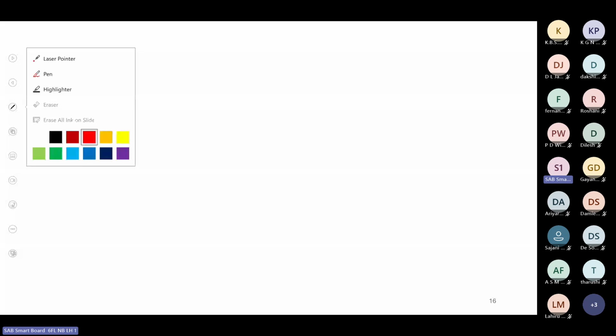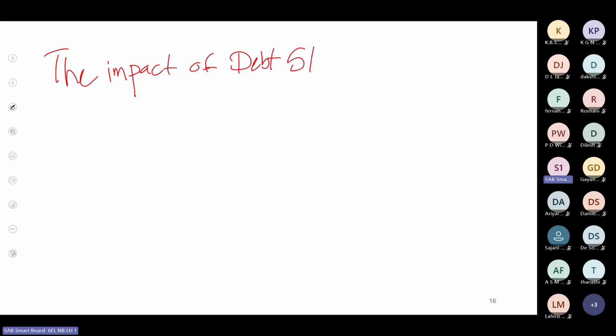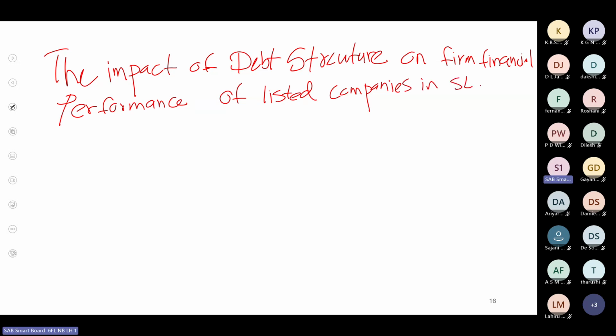Example. You write the research topic: the impact of debt structure on firm financial performance, listed companies in Sri Lanka.